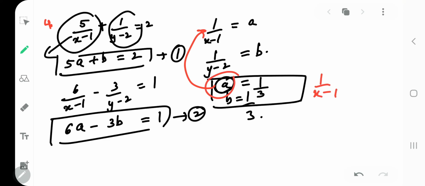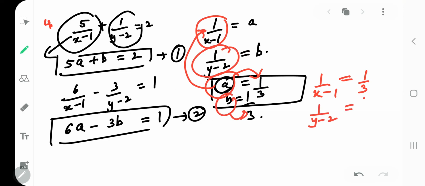So if I got a as 1 upon 3, that means 1 upon x minus 1 is equal to 1 upon 3. And I got b as 1 upon 3, that means I got 1 upon y minus 2 as 1 upon 3. So here, dear kids, again you have to cross multiply and get another two equations.